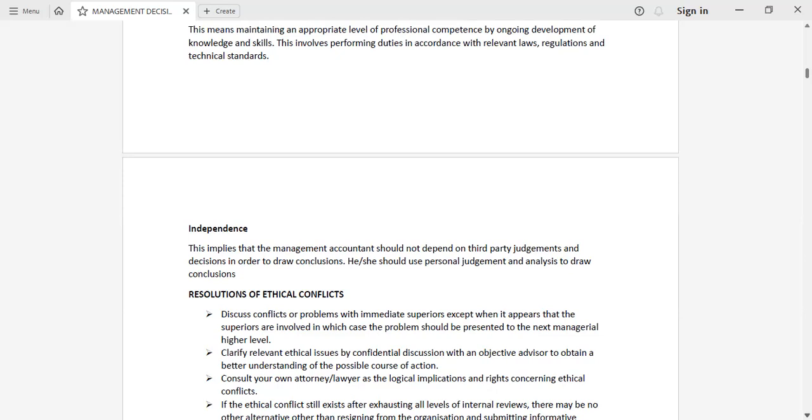The professional due care may be there because he's following the laws governing schools, but the professional competence is not there because the person never worked.